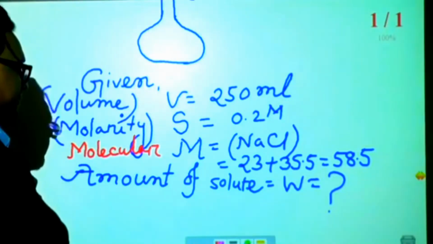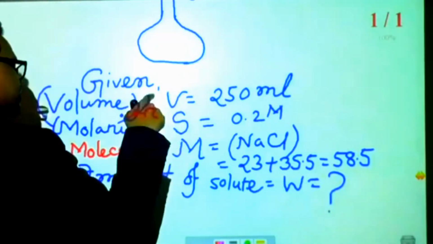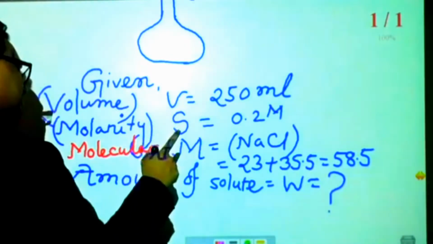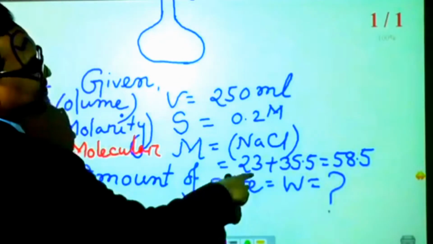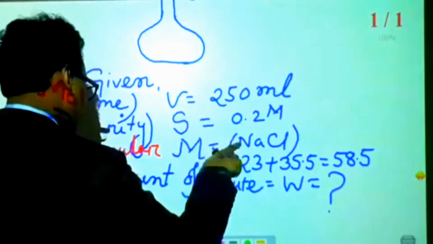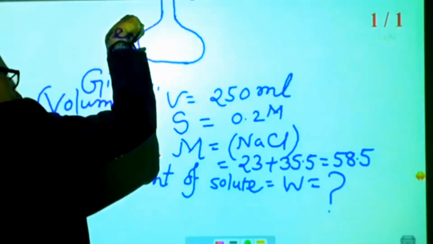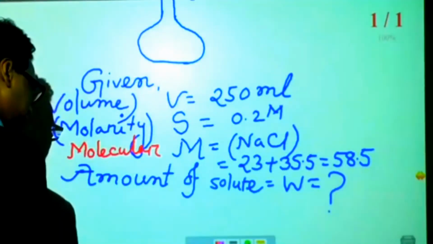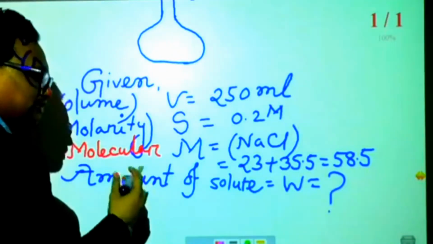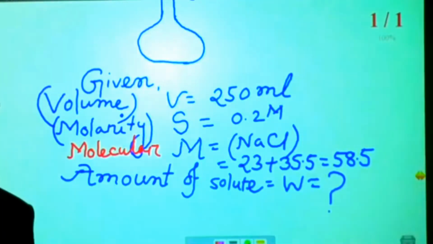So we have got volume V, concentration S, molecular mass M. So we have to determine the amount of solute which we have to take in this volumetric flask of 250 milliliter. Let's solve the problem, then we'll show the volumetric flask. Okay, let's go, my dear students.